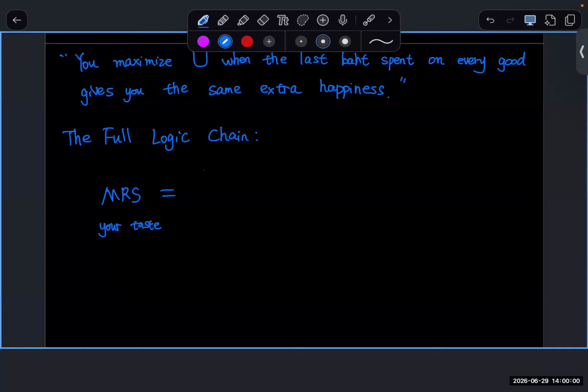Equals the marginal utility from one food over marginal utility from consuming additional clothing. Okay, so here is from the utility. Also equals what?